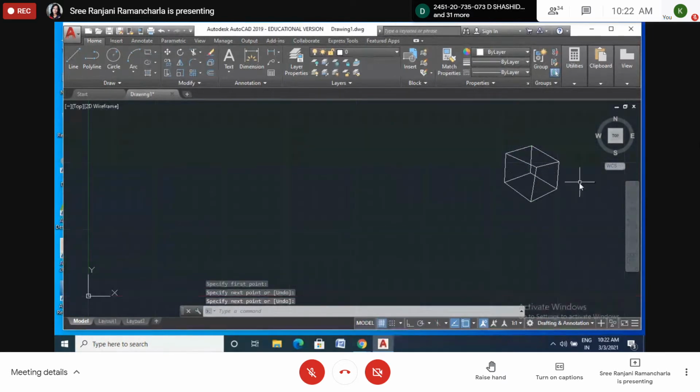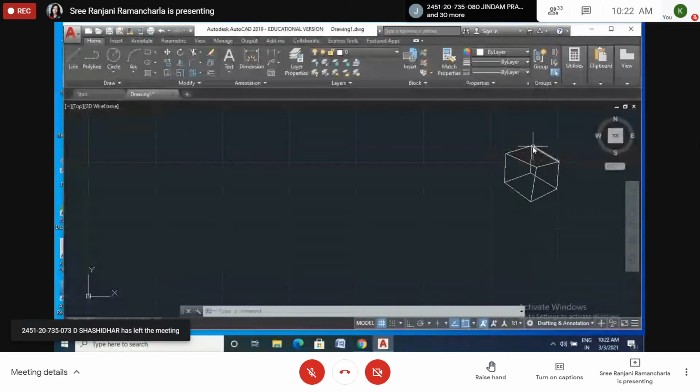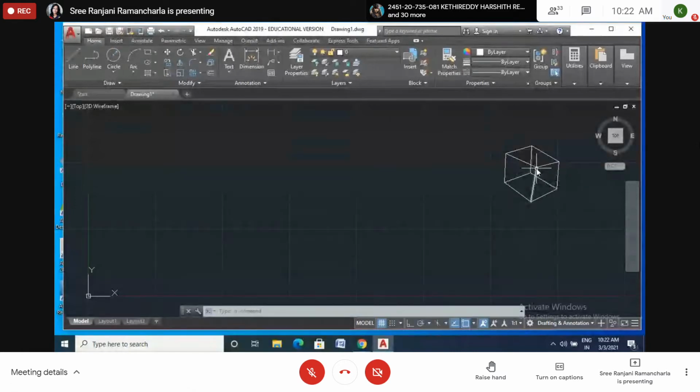Suppose this is the cuboid, all faces are squares, 6 faces. The diagonals go from this corner to this corner, and so on. When any one diagonal is perpendicular to VP, the two ends coincide.